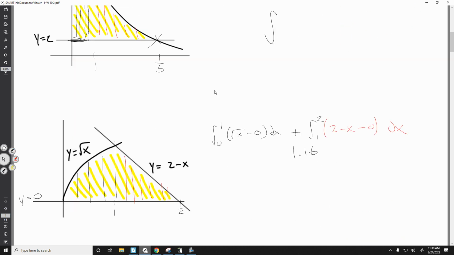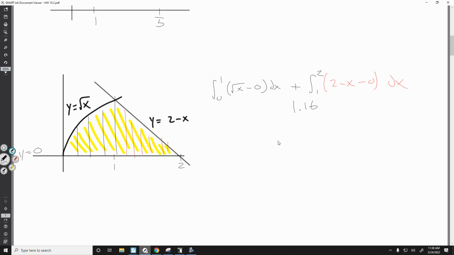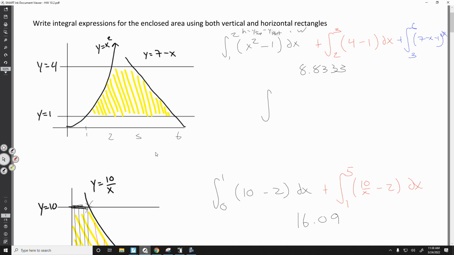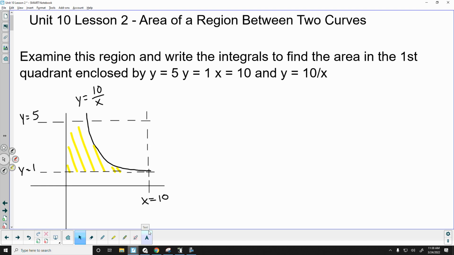Is it an integral of integral? No, that's multivariable calculus. Okay? What we need to do, and this freaks students out because it's different, is change our perspective. Some of you are already there.